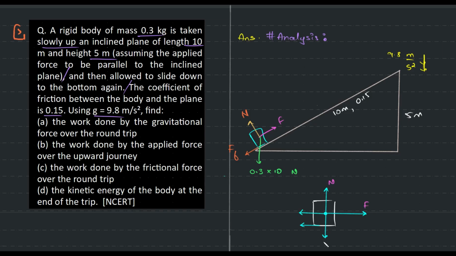This is a normal force. This is the weight component perpendicular to the slope, and this is parallel to the slope. This is F of friction, and this also we need to figure out. So for that, we need to figure out theta, and then this will be related to theta over here, and then I'll be able to figure out this.